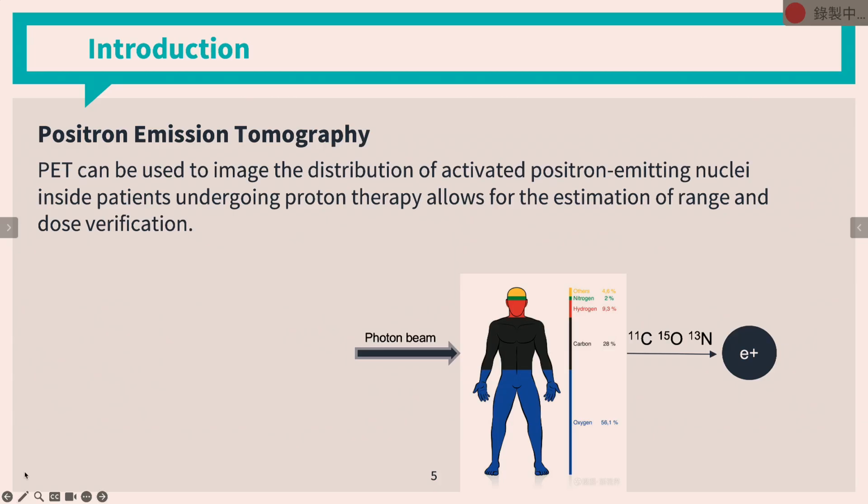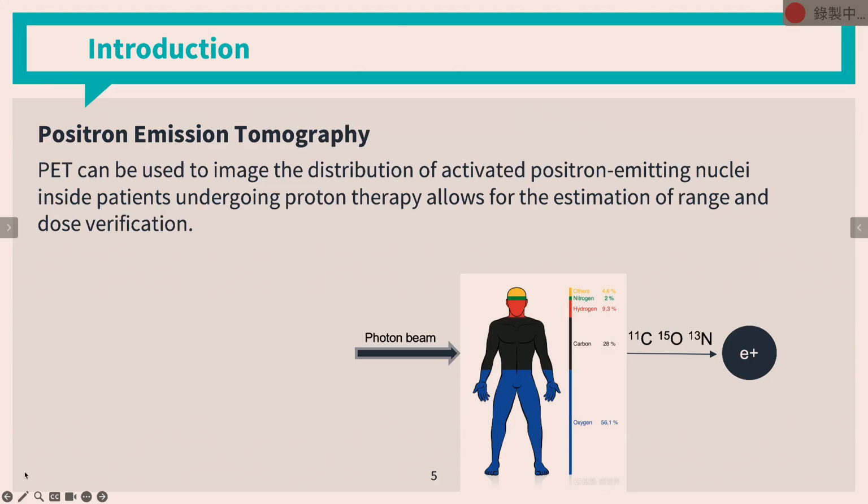Since proton-induced nuclear reactions are highly correlated with the proton dose and range distribution, PET imaging of activated isotopes can be used to estimate the proton beam range and the dose distribution, enabling verification of proton therapy delivery.